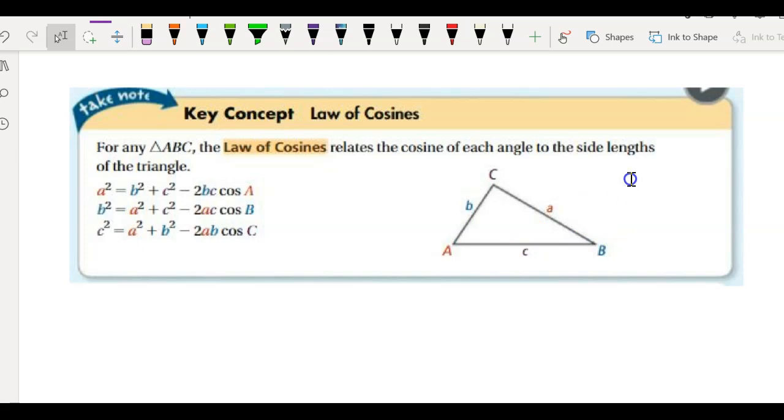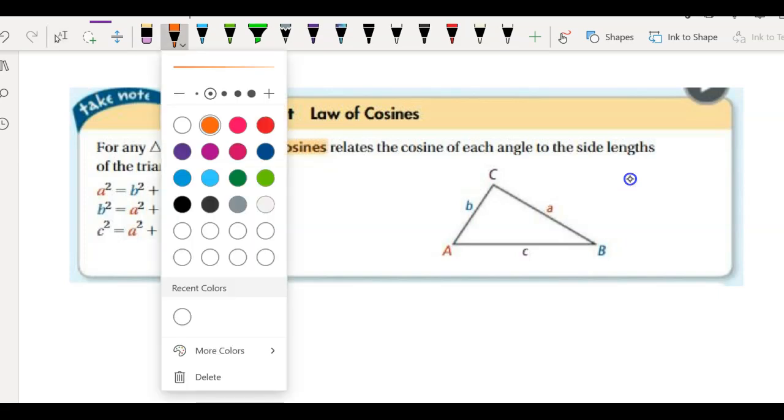Have you noticed a pattern? I'll show you what I noticed.